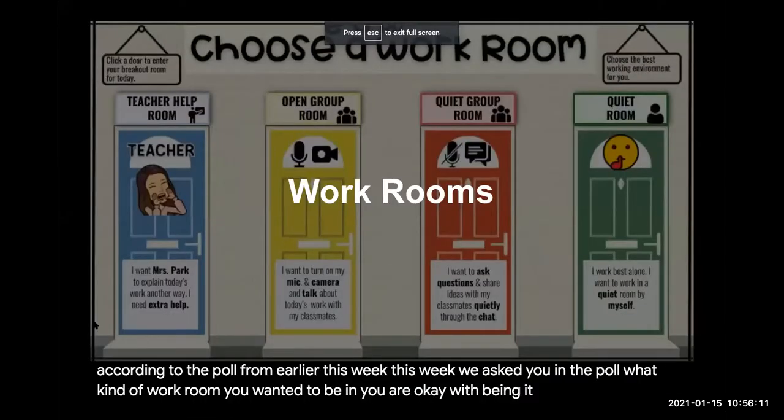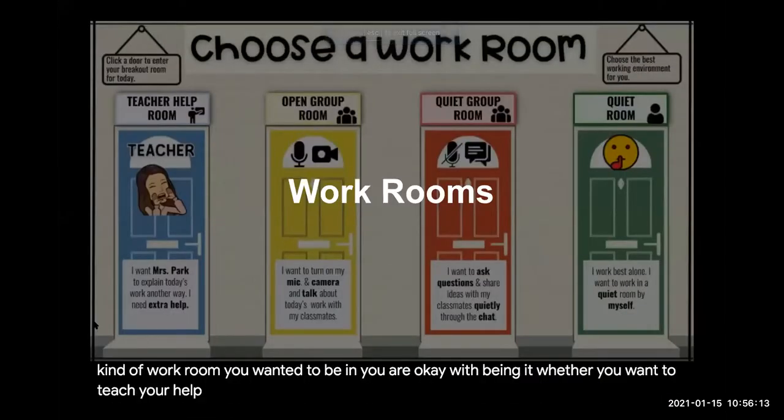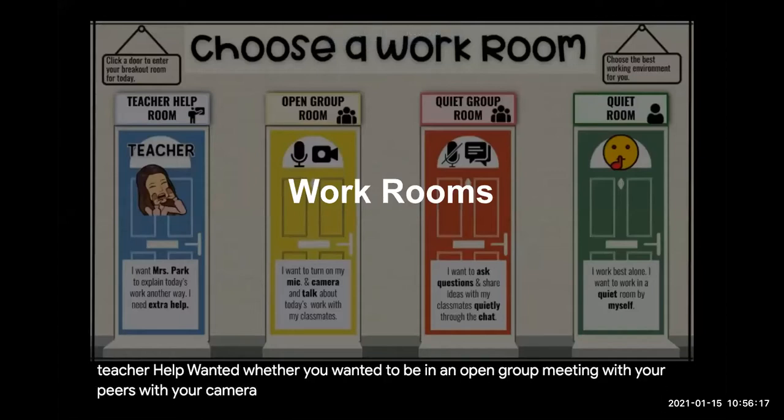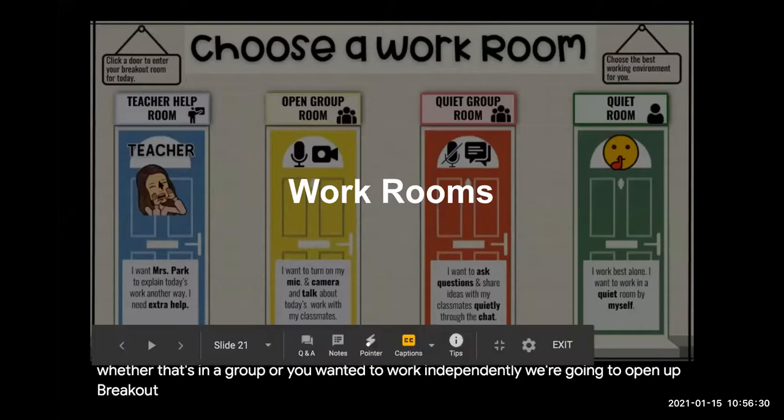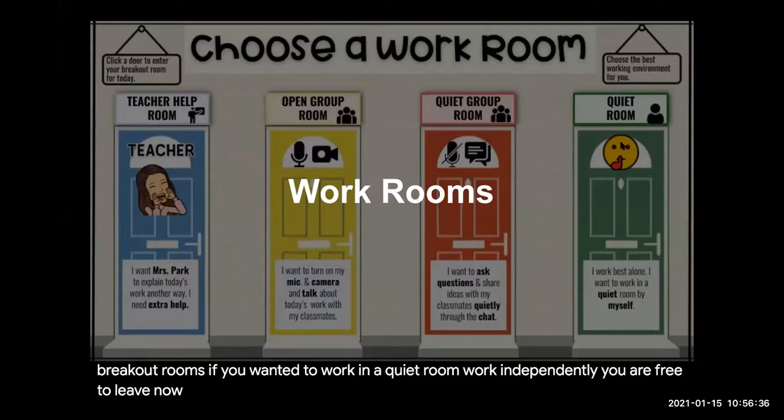Whether you wanted teacher help, whether you wanted to be in an open group meeting with your peers with your camera on and your mic on, whether you wanted to be in a quiet room, whether that's in a group or you wanted to work independently. We're going to open up breakout rooms. If you wanted to work in a quiet room, work independently, you are free to leave now.